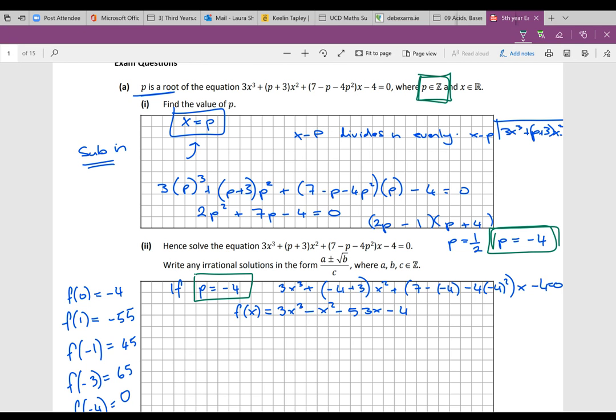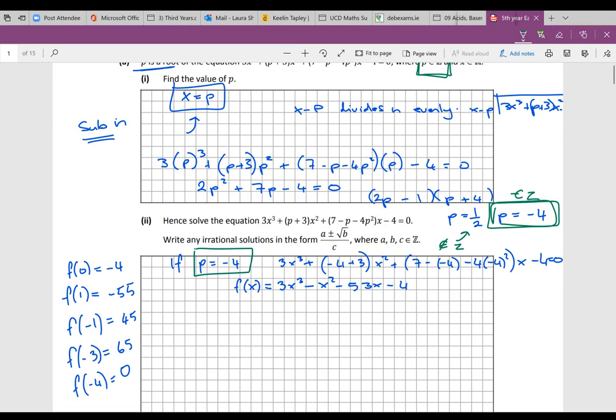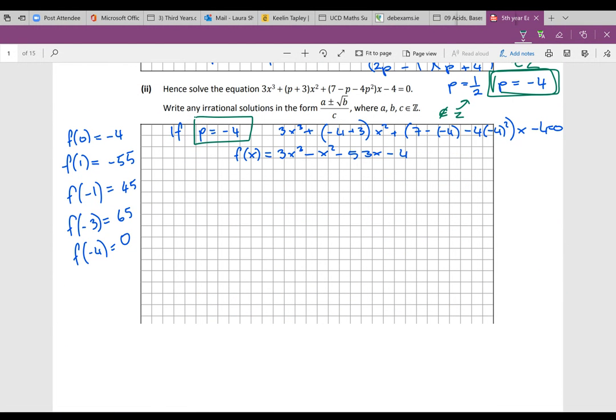So this is my integer answer. This is not an element of z, whereas this is an element of z. So the specific value of p that I'm interested in is minus 4.